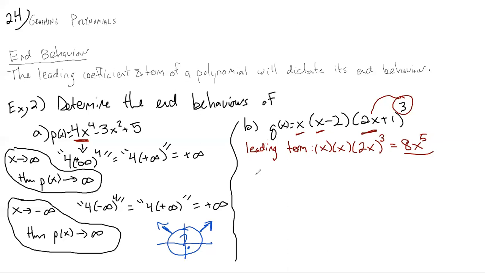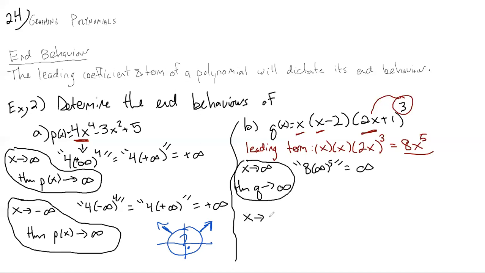And so we just look at the same analysis. If x is going to infinity, then what we've got is 8 infinity to the 5. And that should clean up. It's all positive, so it's going to stay infinity. So then q will go to, I'm just being lazy and not writing q of x, but it doesn't matter too much, q will go to infinity.